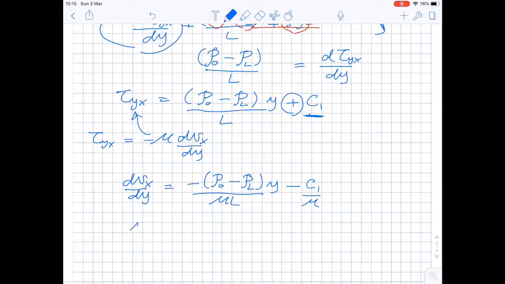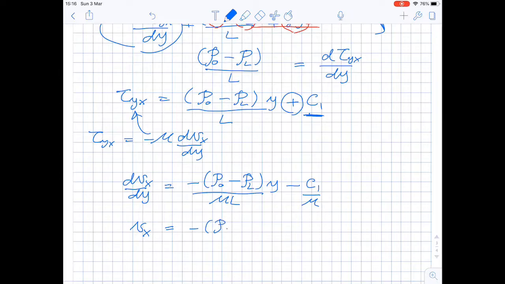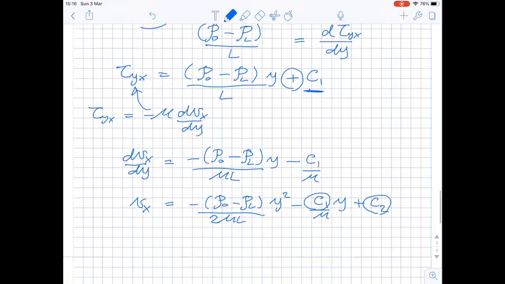And then you can take integration, Vx, integrated with respect to y. This up front remains the same. You have y squared over 2, just put 2 over here, minus C1 over mu times y, plus another integration constant C2. Now we have two unknowns, C1 and C2. Therefore, we need two boundary conditions.